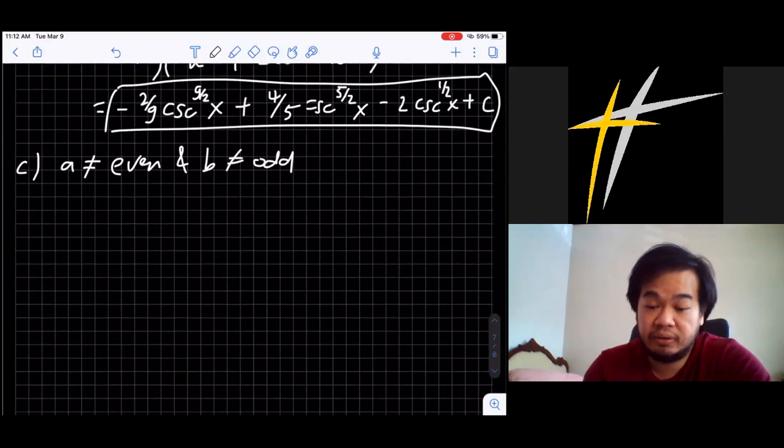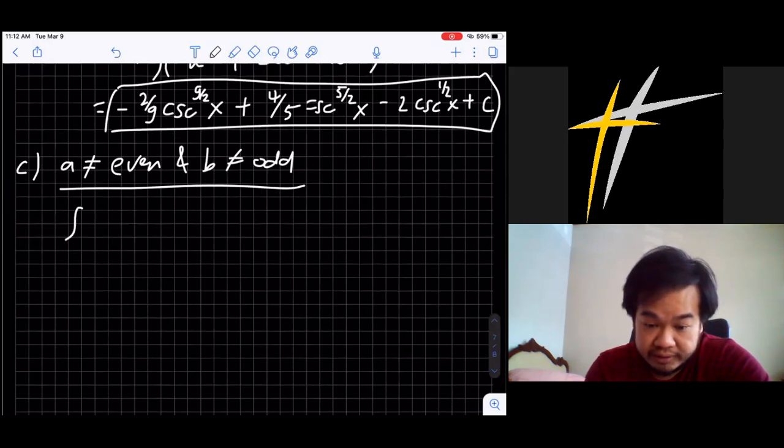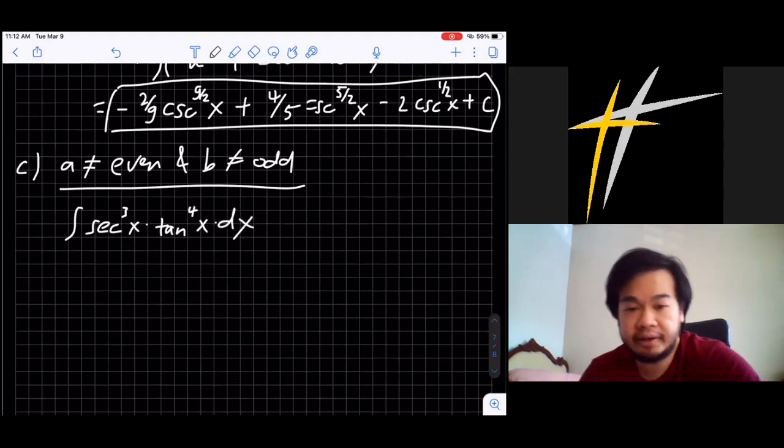Yeah. Now, let's try secant. Secant A is not even, so let's try its cube. And then tangent is not odd, so let's say power 4 dx. Okay. So what should I do here?